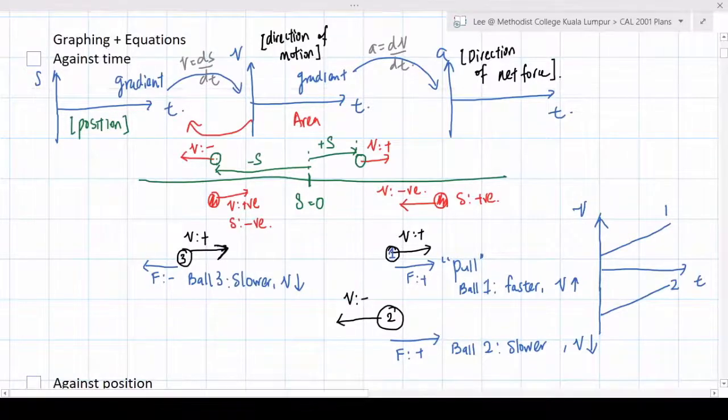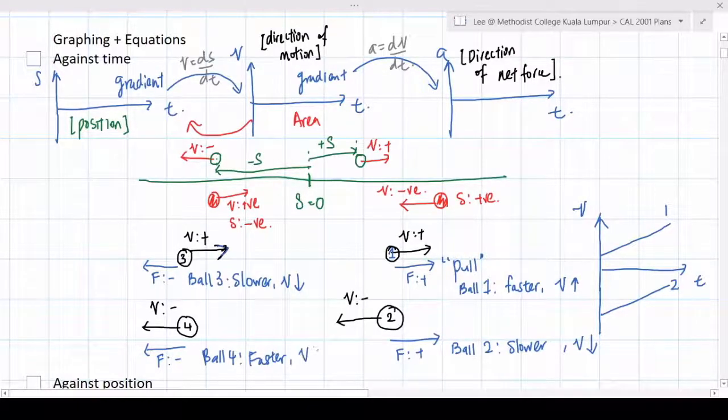Okay, so let's go back to this ball number 3. Force and velocity in opposite directions, the ball will slow down. If V is negative and F is negative, ball 4 will travel faster. V will increase. Okay? So there's no such thing as positive acceleration must be faster and faster, negative acceleration must be slower and slower.